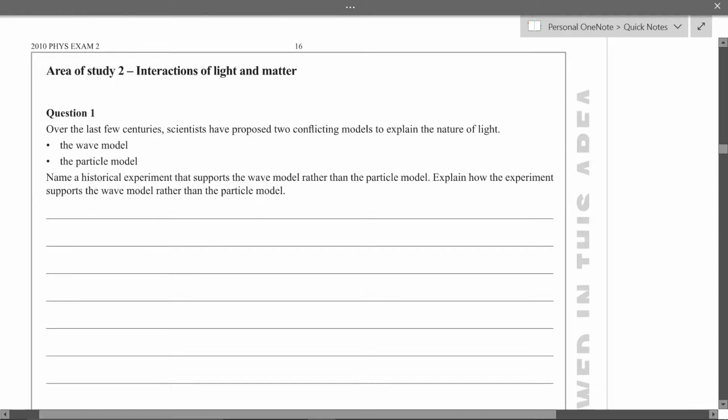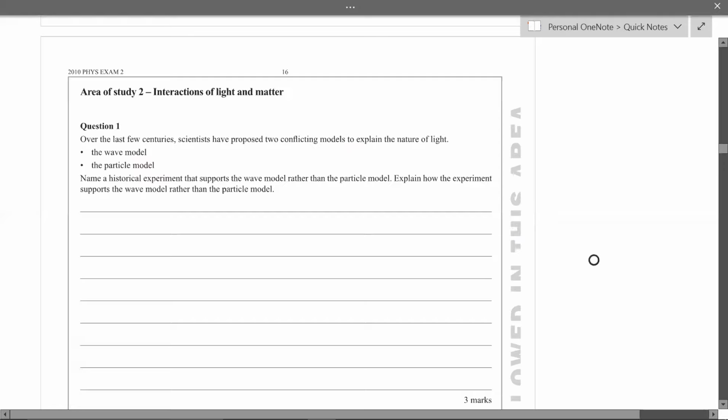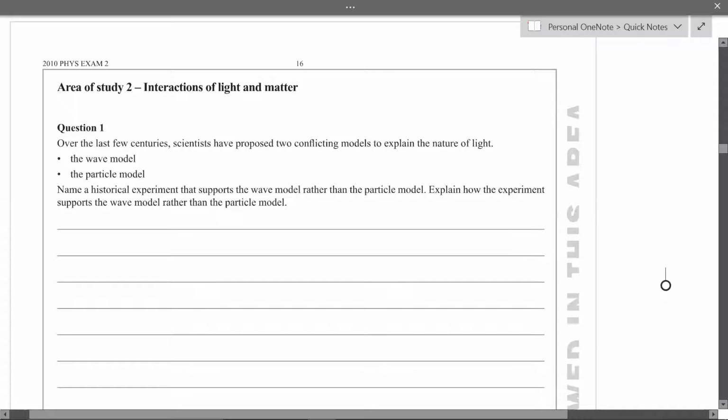So, interactions of light and matter. You have to name 2 experiments that support each of the models. The 2 experiments we know are the double slit experiment and the photoelectric effect. For the wave model, that's supported by the double slit experiment.